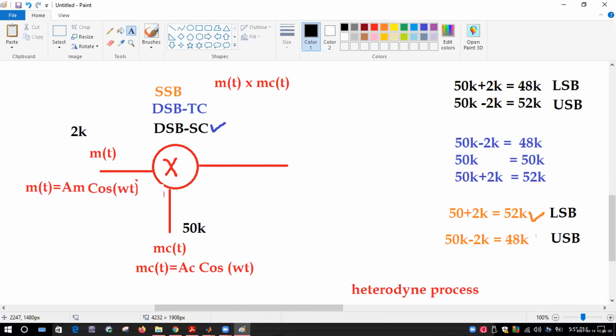Clear. First of all, okay, let's wind up the whole objective of the session. First of all, tell me, why do we need amplitude modulation? What is the purpose? Quickly, please. Any one of you. Why do we need amplitude modulation?